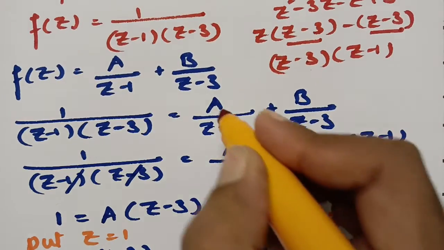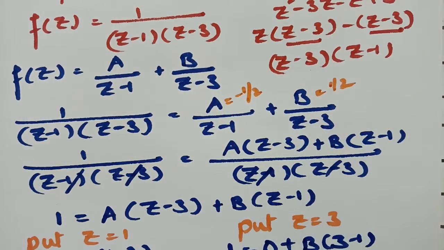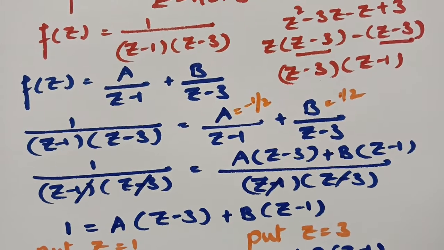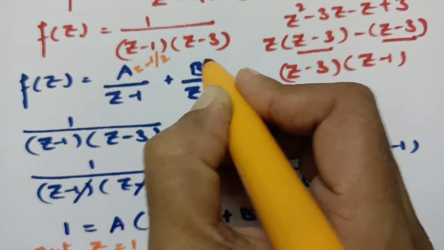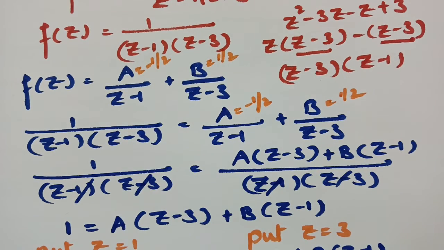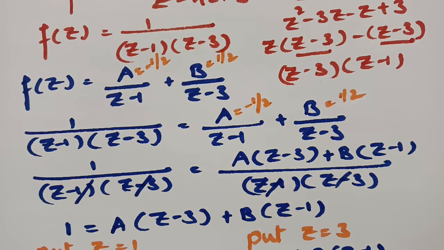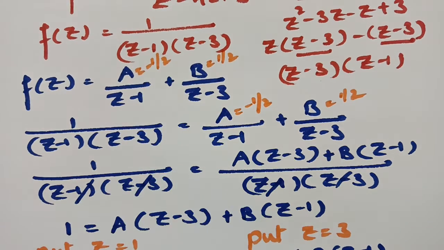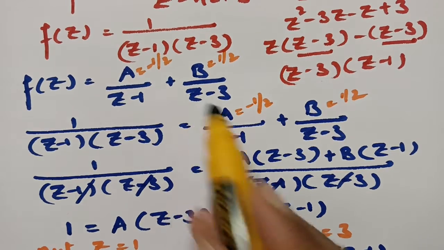Now I am going to substitute a as minus half and b as plus half. Therefore f of z is equal to minus half by z minus 1 plus half by z minus 3. Clear?